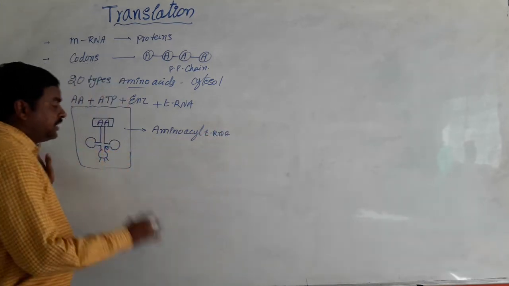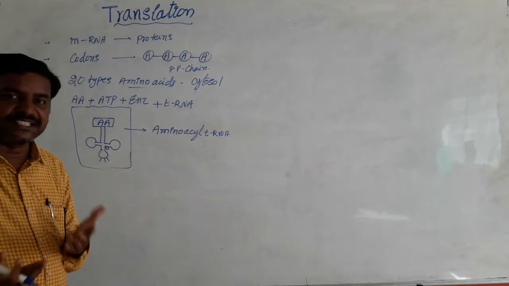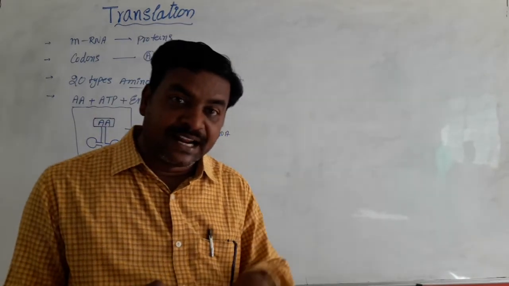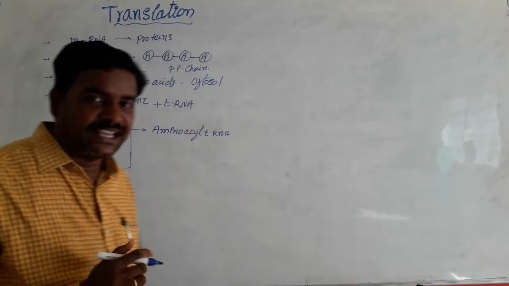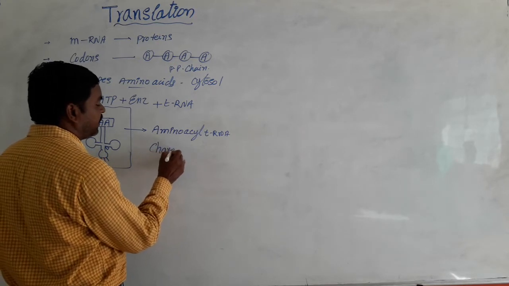This formation of amino acyl tRNA, which process? Activation of amino acid and attachment of amino acid to CCA end of tRNA. This is called charging of tRNA.